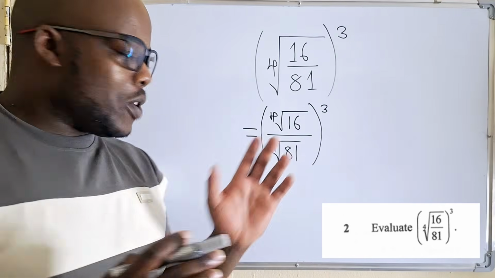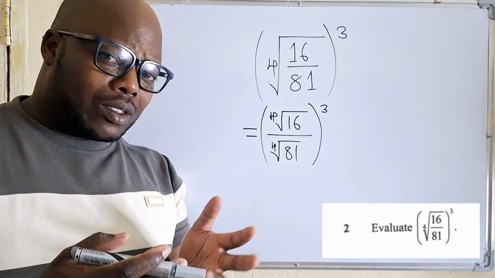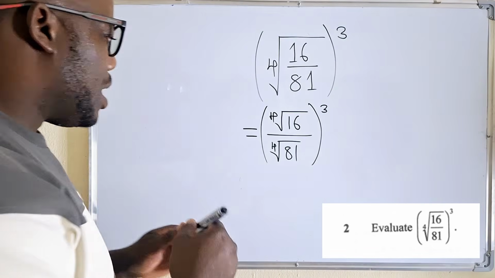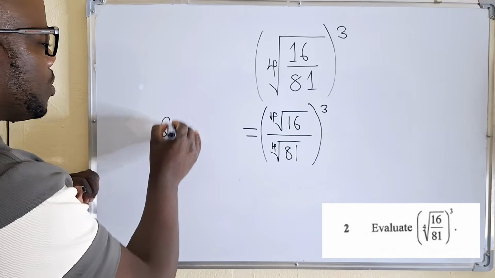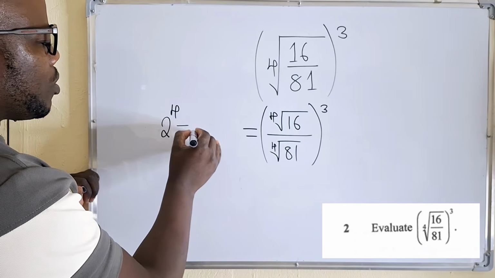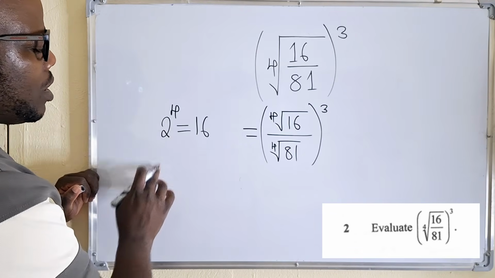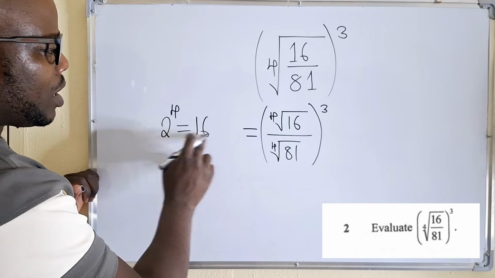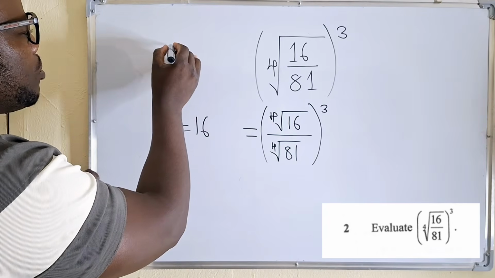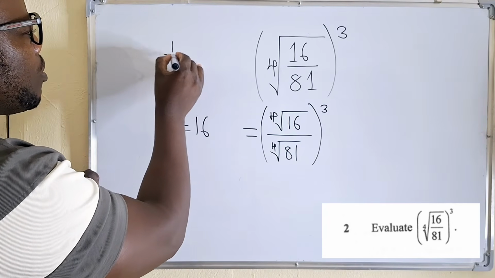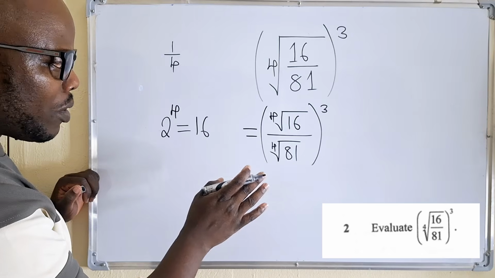So before we find the fourth root of 16, I'll let you understand that when we write 2 power 4, this of course will give us a 16. 2 power 4 is a 16. And if you can see, this is the fourth root. Fourth root simply means power 1 over 4.